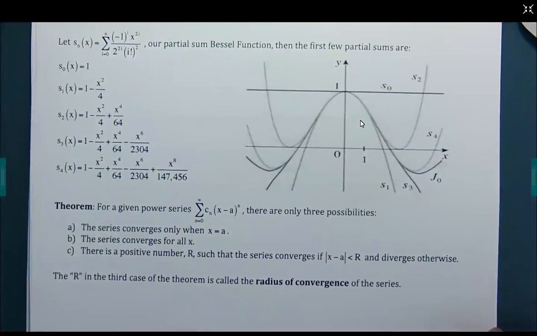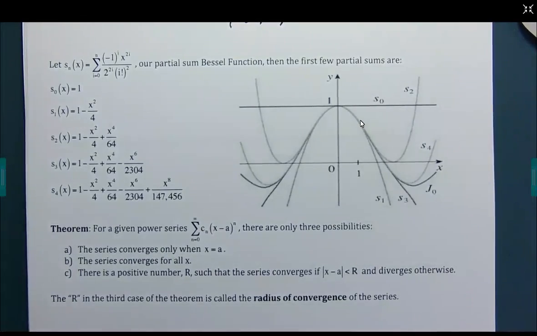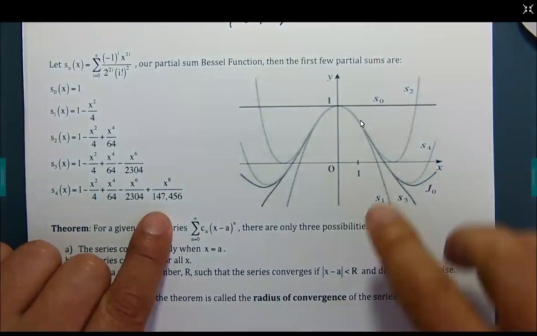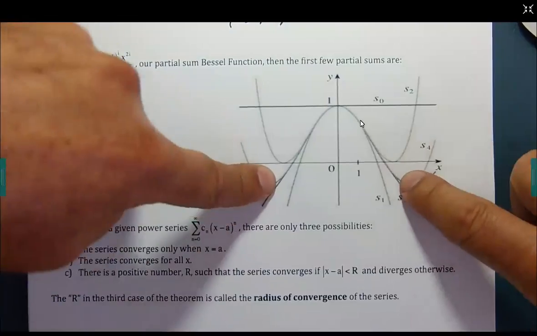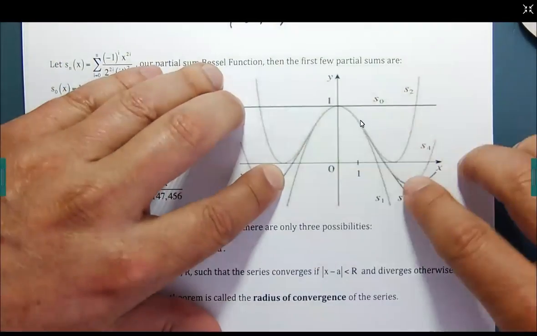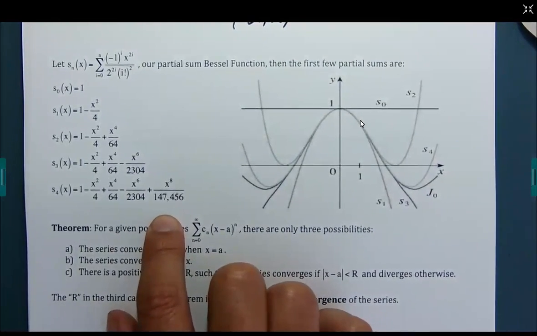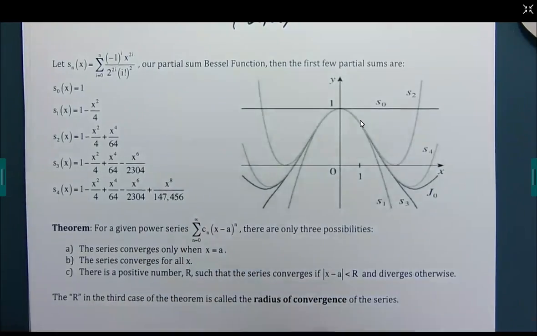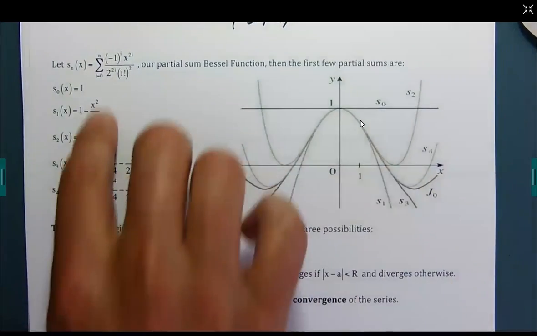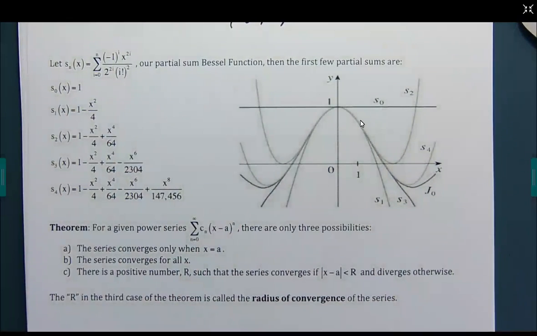So that really is the power of power series, is its ability to do that. And so even if I go to here, you can see I'm pretty darn good from about here and everywhere in between. So I could use this polynomial here to represent my Bessel function up to a certain tolerance, right? And you can see if we kept going, it would get more and more accurate to the Bessel function itself. So that's sort of what's going on here.